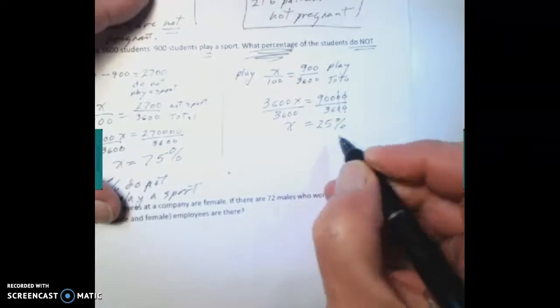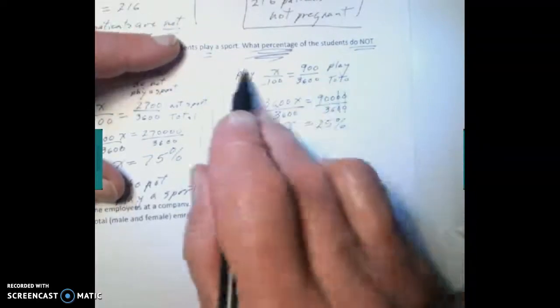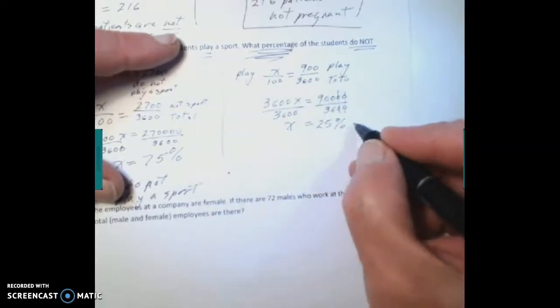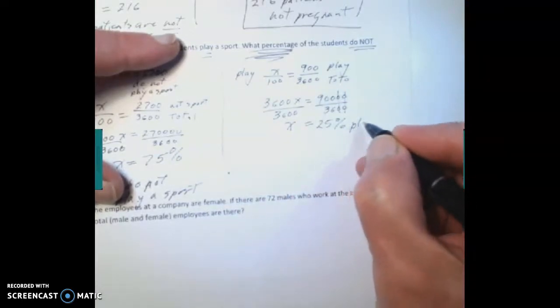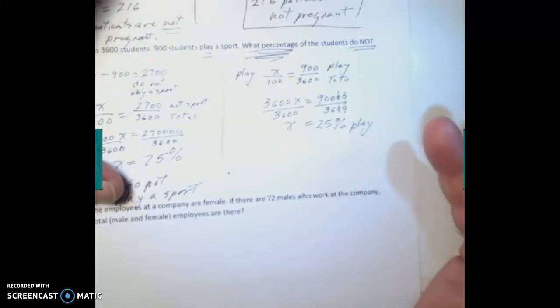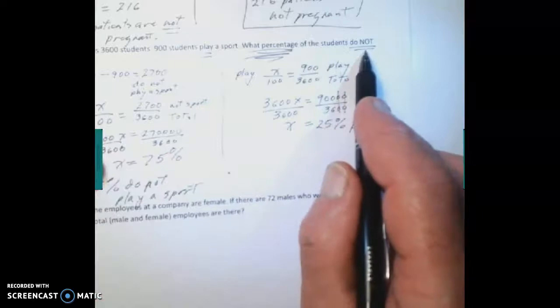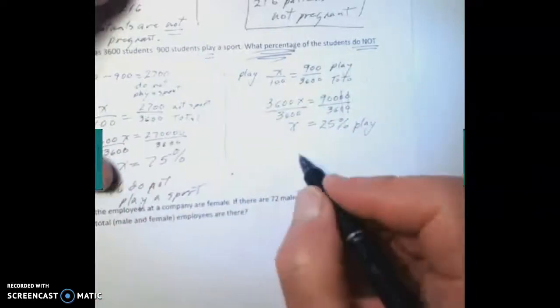But again, understand what you found. This was using numbers for those that played sports, so this is the percent that play sports. Again, good answer, but not the answer to the question. They asked us what percent do not play a sport.